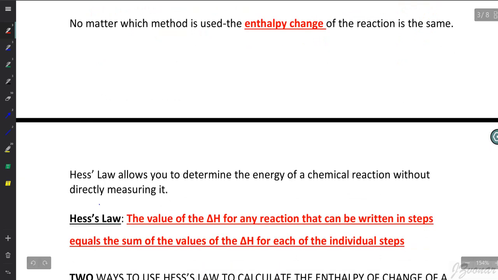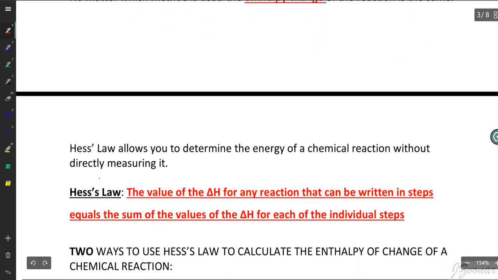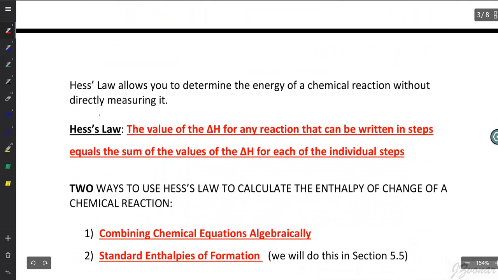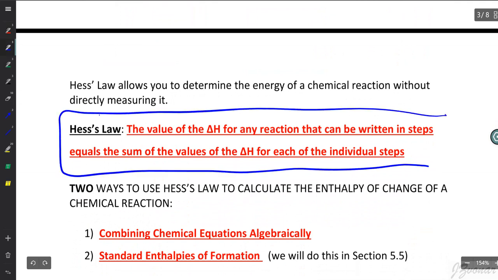So Hess developed it into a law, and he states that the delta H value for any reaction that can be written in steps is equal to the sum of the values of delta H for each of the individual steps. A very important law that we can use.